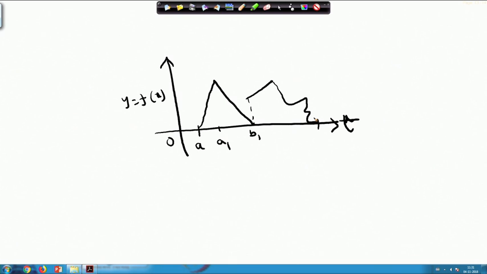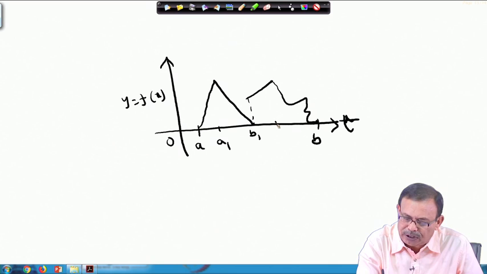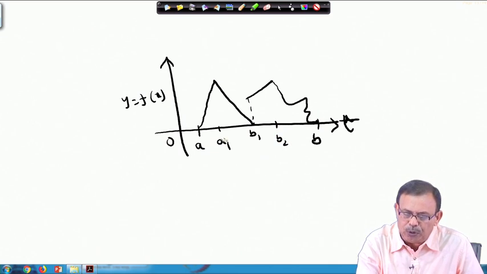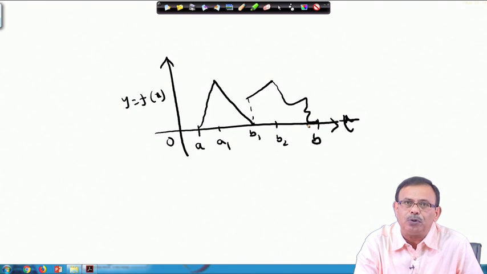So, in the entire interval a to b the function f(x) may not be fully continuous, but if I subdivide it into smaller subsections, say a to a1, a1 to b1, b1 to b2, b2 to b, then in each of these subdomains the function is continuous, and we can tell that the function is piecewise continuous.